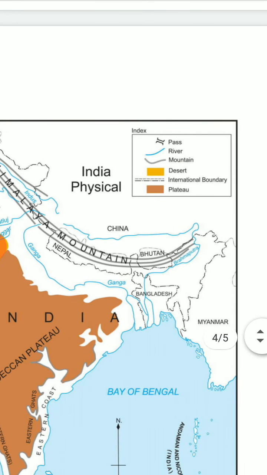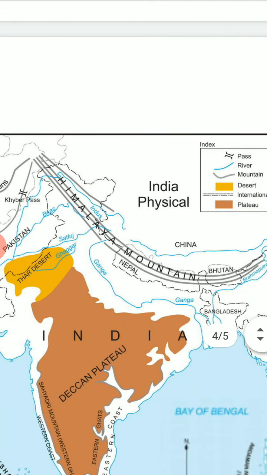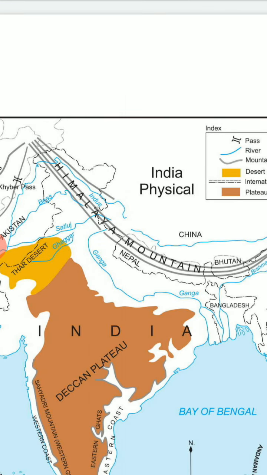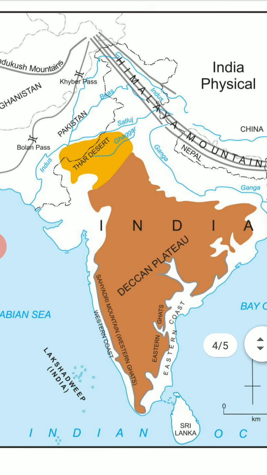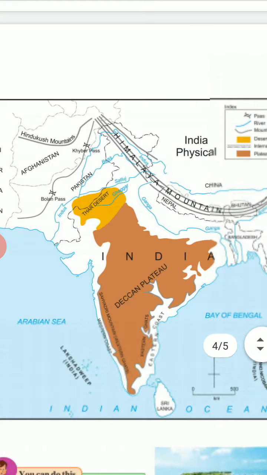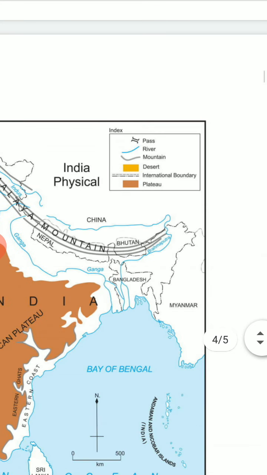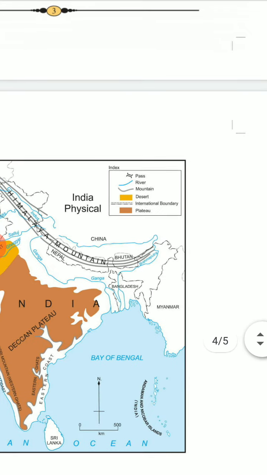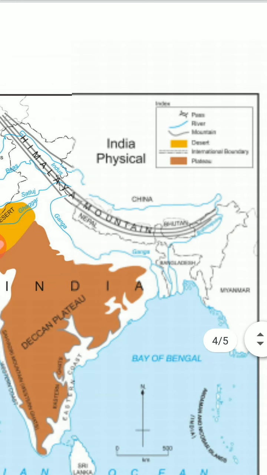Let's see where we can see mountain ranges. You can see here the Himalaya mountain, and you can also see here the Hindu Kush mountain. Yeah, and also you can see the international boundary.